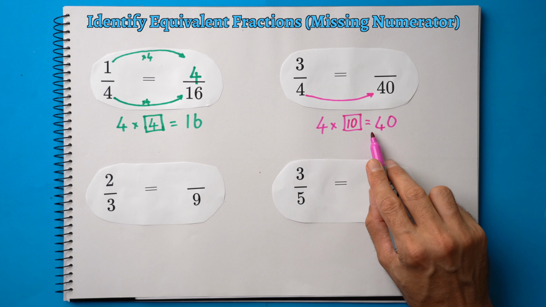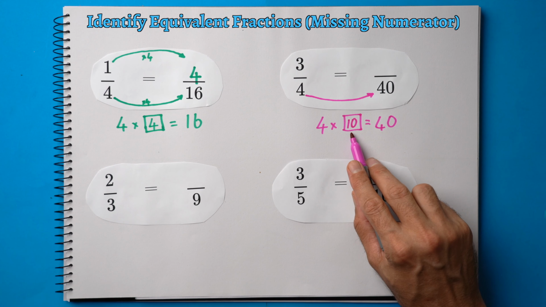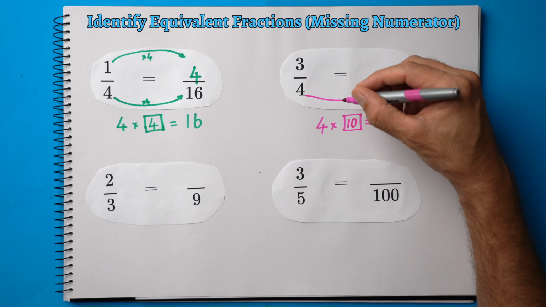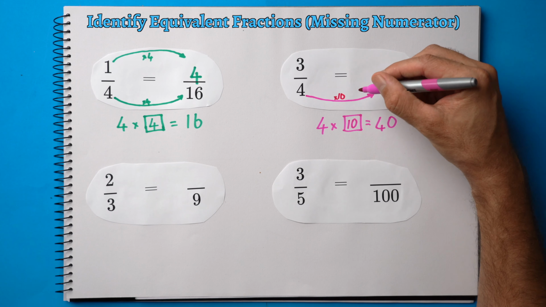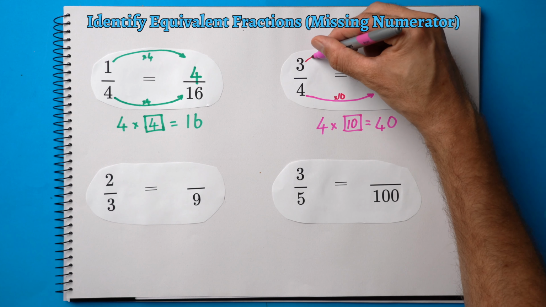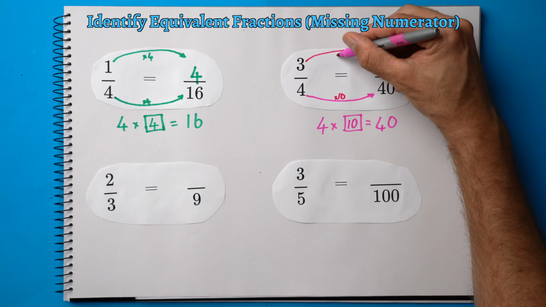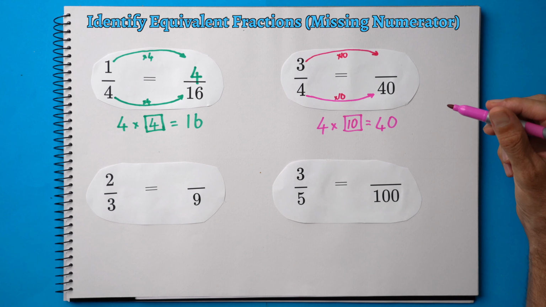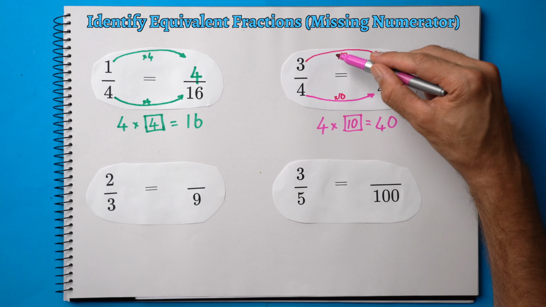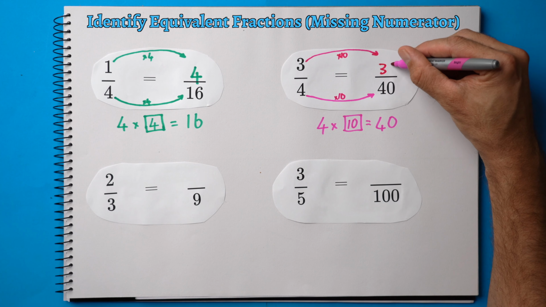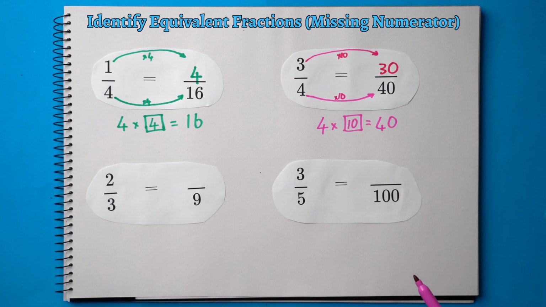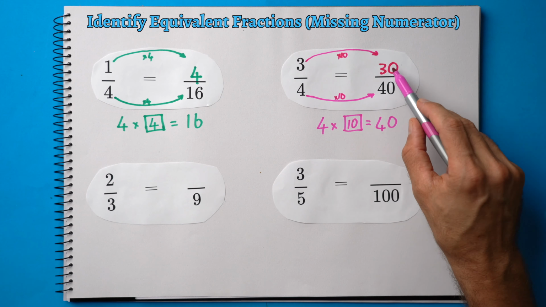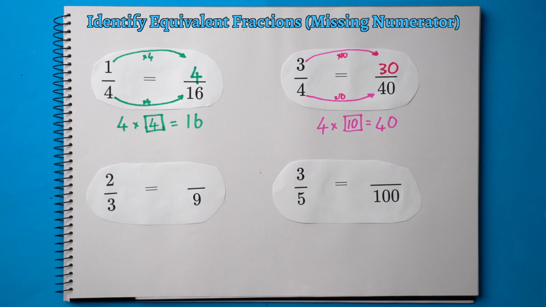This is why it's really handy to know your tables off the top of your head, so that you can just know that straight away. 4 times 10 is 40, so 3 times 10. 3 times 10 is 30. So 3/4 is the same as 30/40ths.